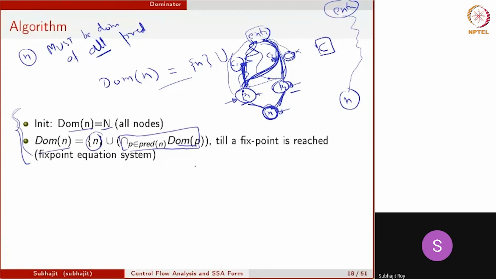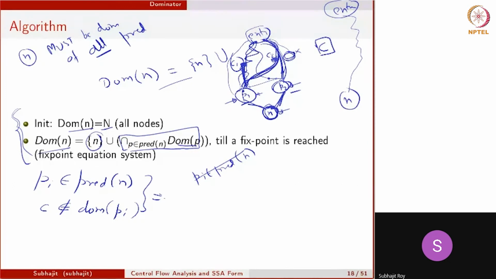If I have a node Pi, which is a predecessor of the node N, and I say that C is not a dominator of Pi, in that case these two statements mean that C cannot be a dominator of N. Are you convinced on this one first? Yes. Okay, good. So our first job is done.